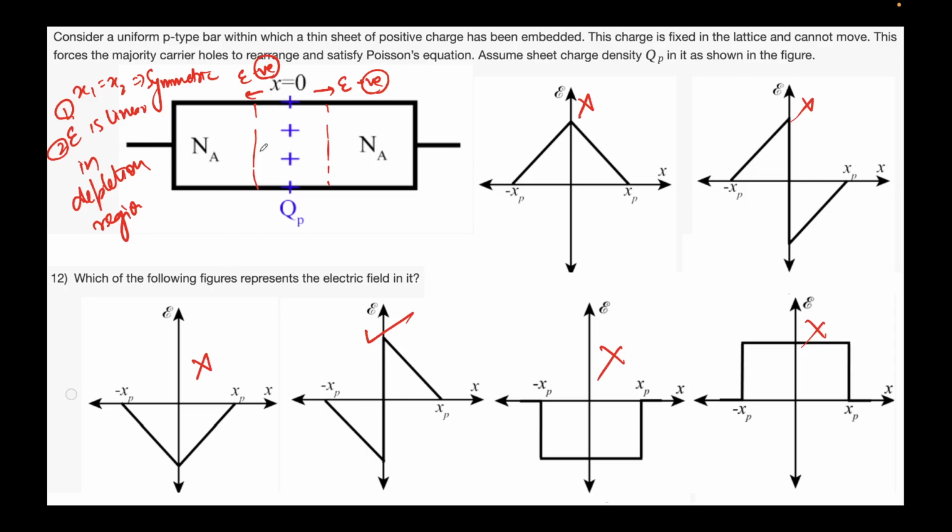Second, E is linear because the charge distribution here is constant in space and we use the depletion approximation that the boundary is abrupt. If you solve Poisson's equation, E has to be linear, so these two options were eliminated. Then finally, on the right side E has to be positive, and on the left side E has to be negative. Only this option satisfies that.